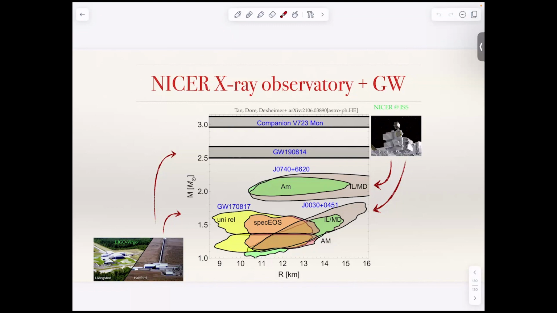Okay, so the question about mountains is deeply related to the existence of crust. So if you had a liquid instead of a crust, you would have almost no mountains, or maybe waves. But the existence of mountains is tightly related to the fact that we have a crust on the surface of a neutron star instead of a liquid.